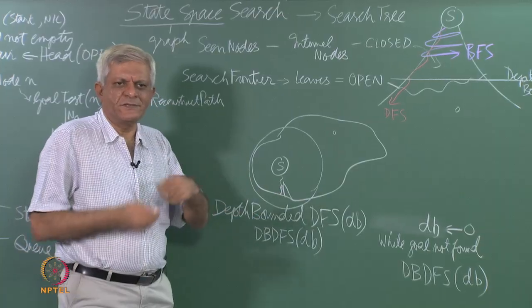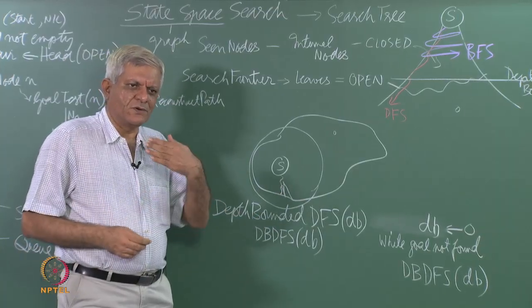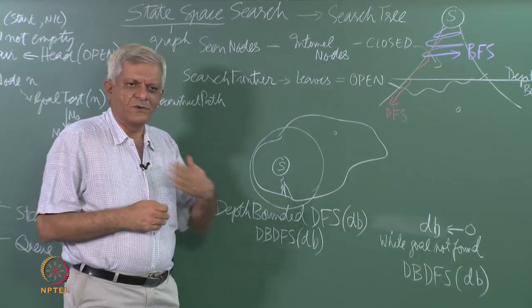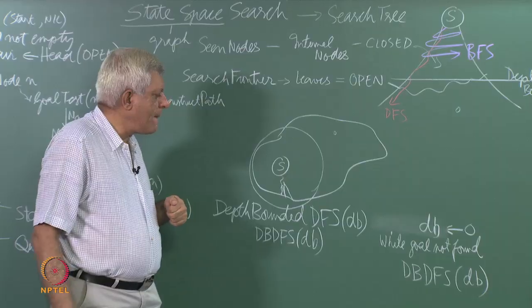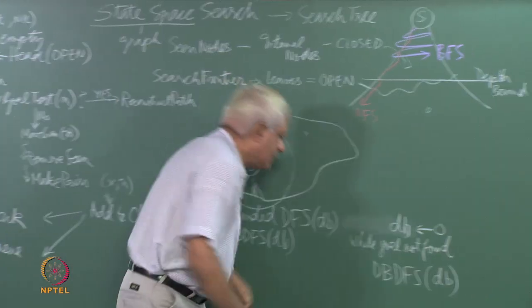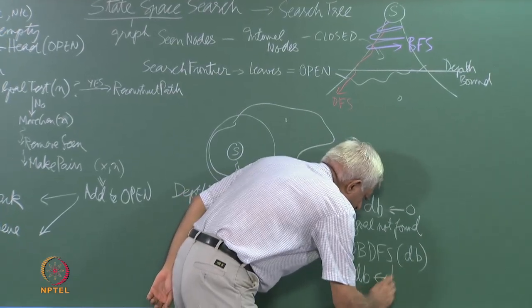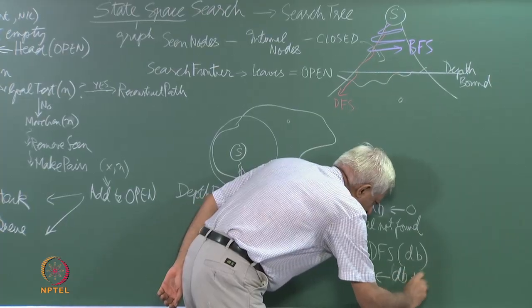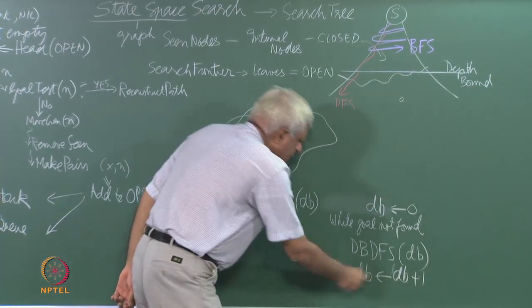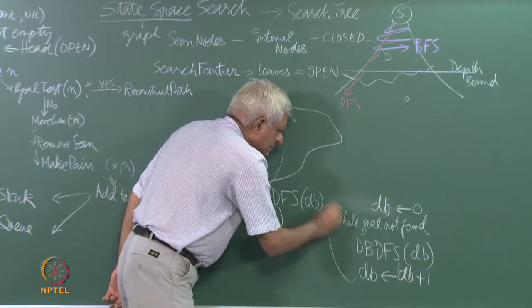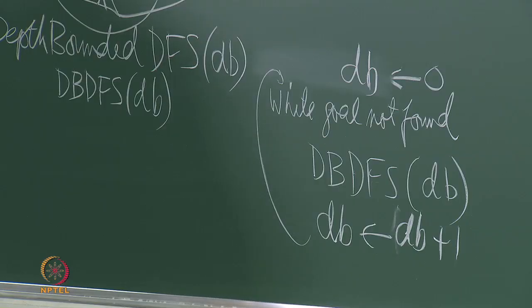So, 0 means you just inspect the start node, 1 means you go one level deeper, 2 means you will go 2 steps deeper and that kind of stuff. And then we have put this in a loop, right. So, this is a new algorithm.